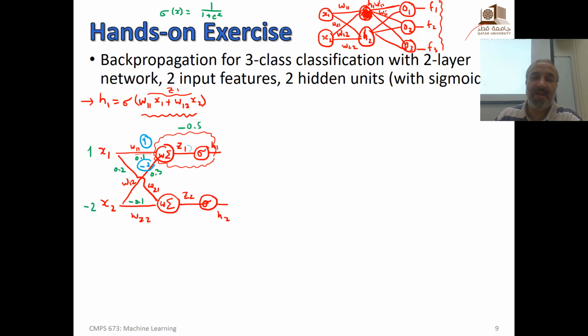The blue ones are the gradients, the green ones are the values. Yeah, 0.3 is W12.